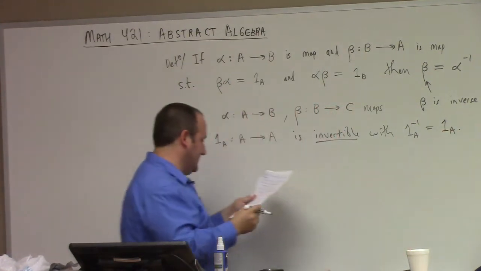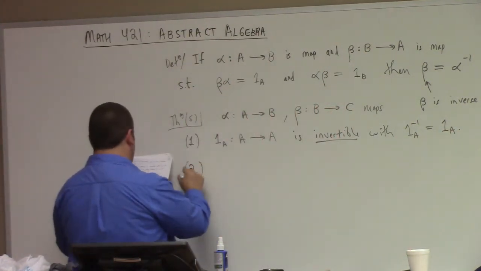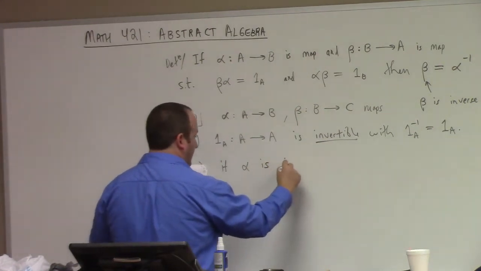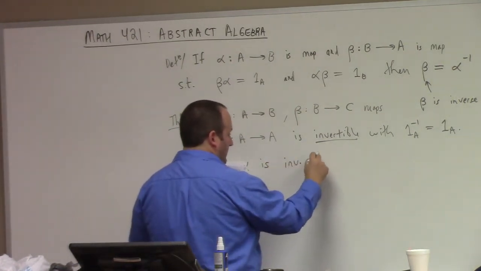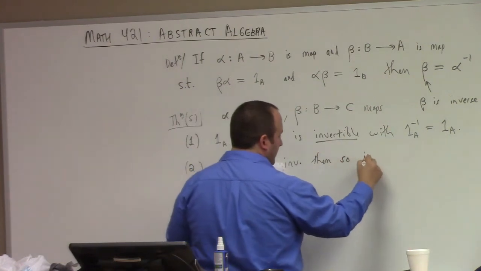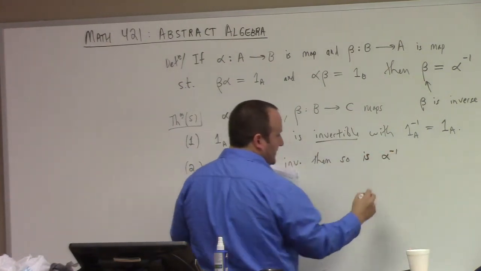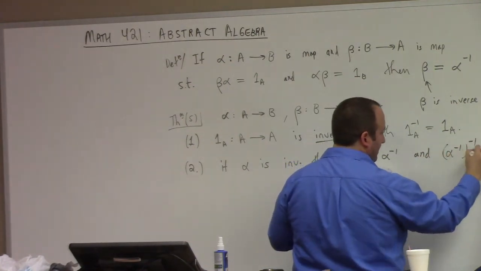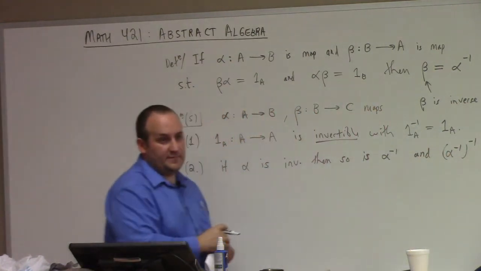Number 2, if alpha is invertible, then so is alpha inverse. And what is the inverse of the inverse? It's the function again, right?